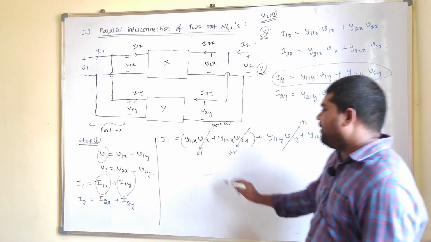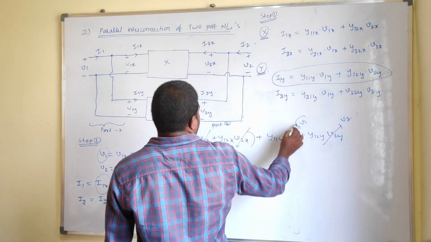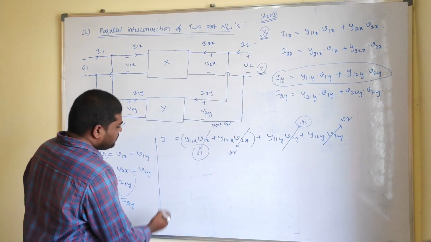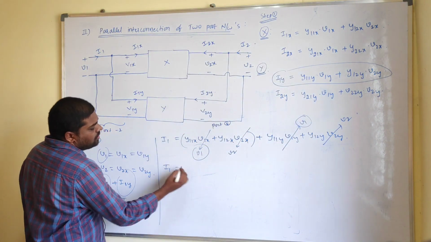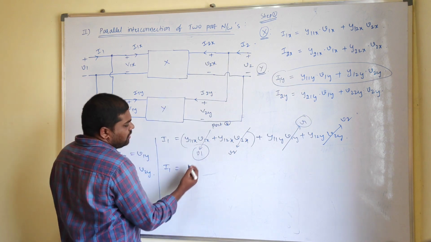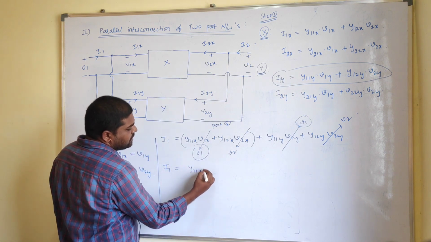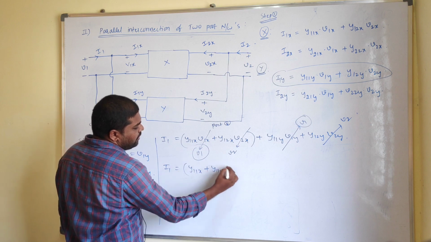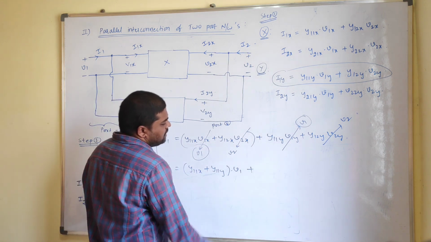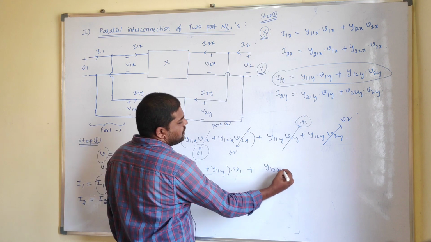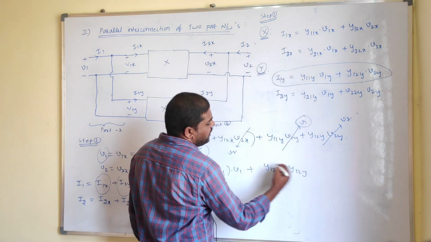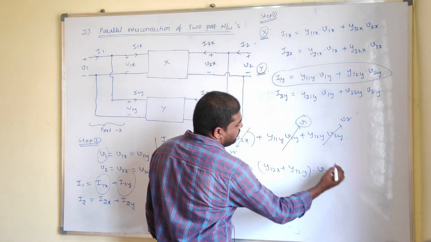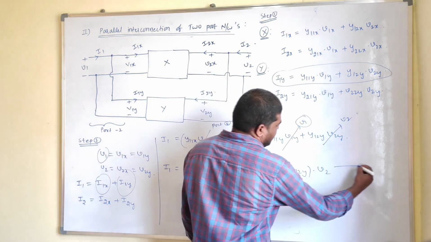Here we have V1 and here also V1, so you can take common. Now I1 equals (Y11x plus Y11y) into V1 plus (Y12x plus Y12y) into V2. So this is the first expression.